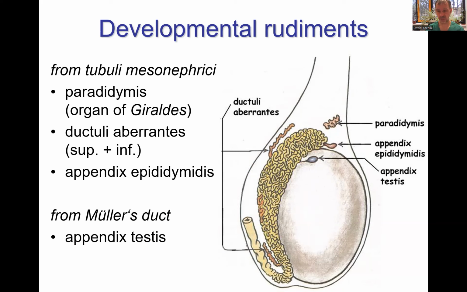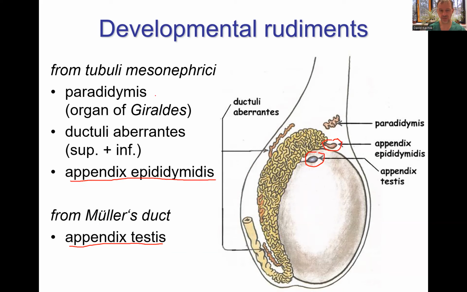And if it appears, it forms such a small cyst called appendix testis. We can have also an appendix epididymis, which comes from the Wolffian duct, or mainly from the mesonephric tubuli. So that's the appendix epididymis.